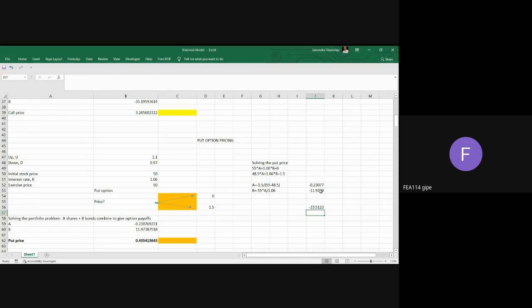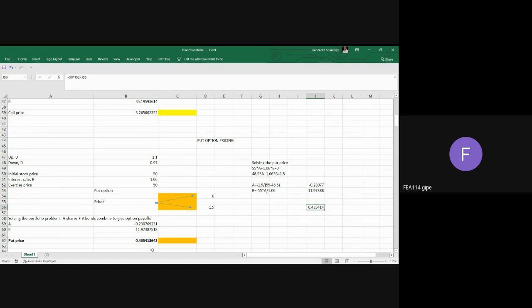B is positive. Oh, yeah, silly mistake. Anyway, if I make this positive, because the 1.5 will become negative, it comes on this side. For a moment, let me make it minus. So you got the exact put value of 0.43514.